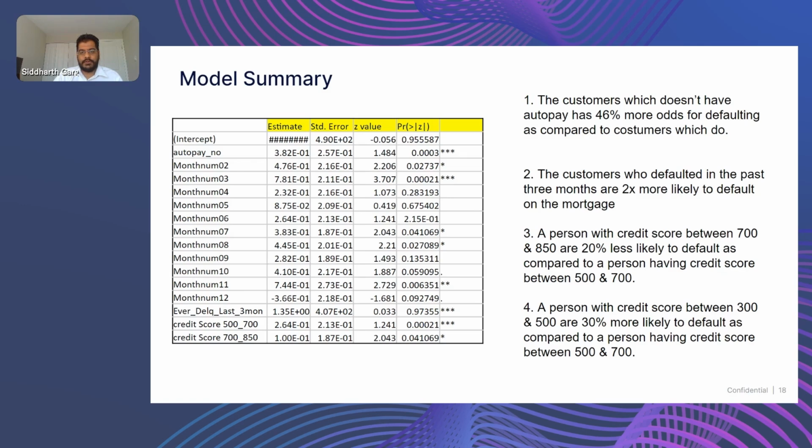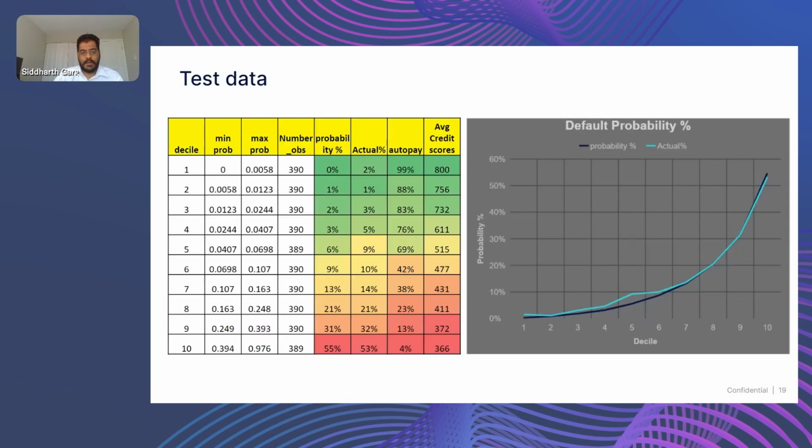A customer who defaulted in the past 3 months is 2 times more likely to default on a mortgage. A person with a high credit score is 20% less likely to default compared to a person having a credit score between 500 and 700. So these are some of the attributes which we can come up with from the model summary.